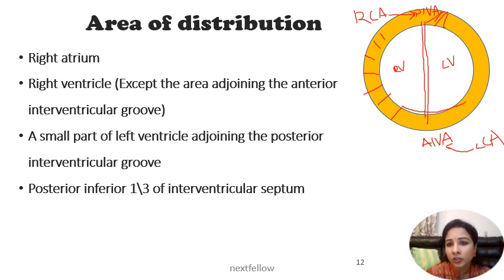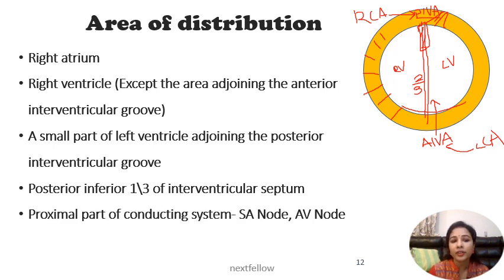Because the posterior interventricular artery supplies the posterior 1/3 of the interventricular septum, the anterior 2/3 is supplied by the anterior interventricular artery. And also the proximal part of the conducting system.